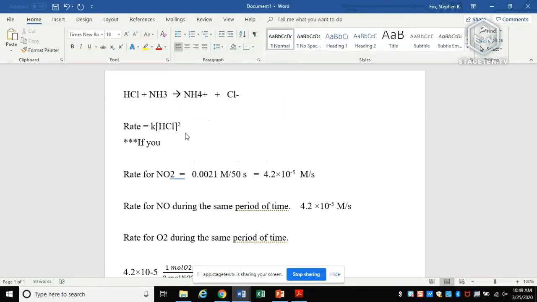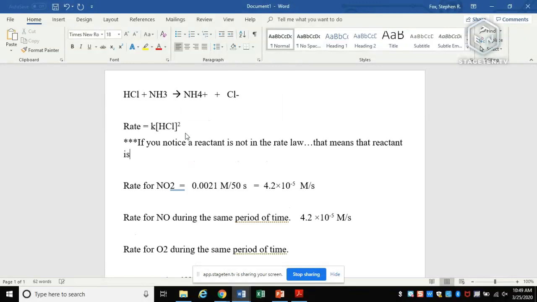If you notice a reactant is not in the rate law, that means that reactant is zero ordered.